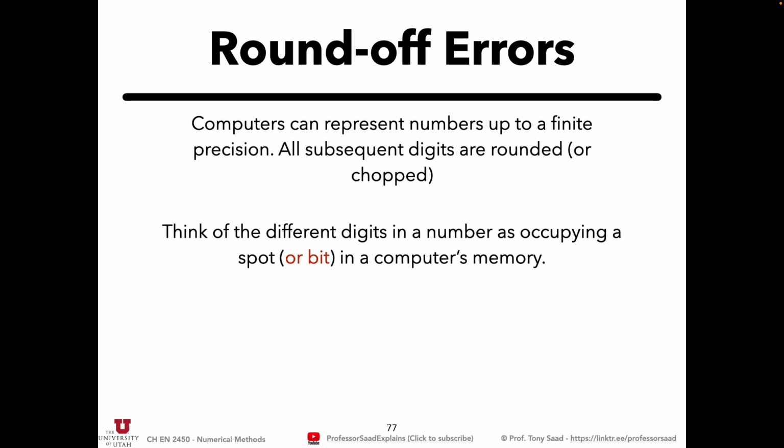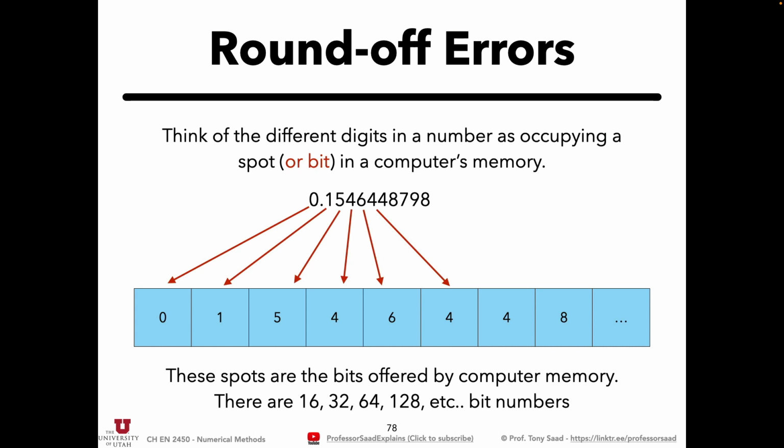Think of the different digits in a number as fitting into little buckets in the computer memory. They're not represented exactly like that because we need to convert them to binary first, and it's the binary bits, the 0, 1, 1, 0, 0, 1, 1, 1, etc., that are stored in blocks in the memory.